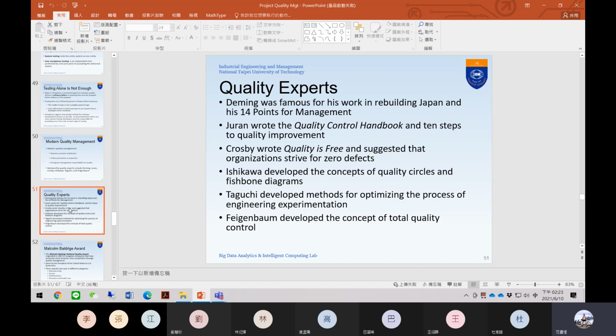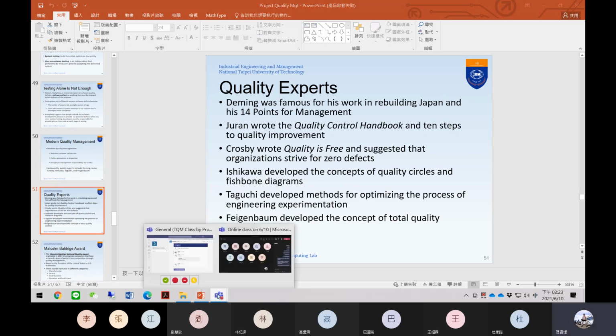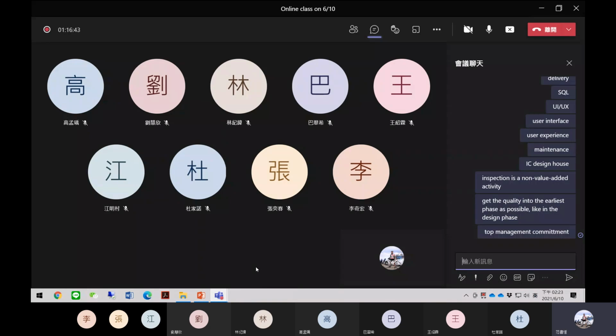Why is quality free? Would any one of you like to comment on why quality is free? Somebody? Huixin, would you like to say something about why Crosby says quality is free?